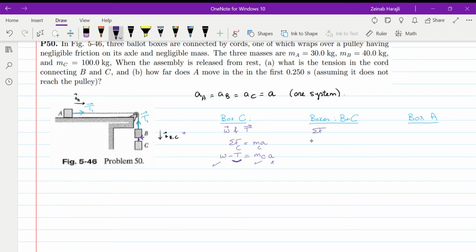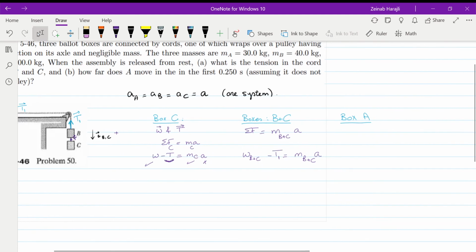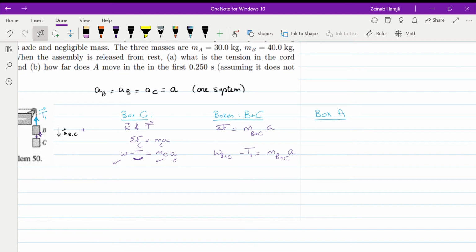The sum of forces is equal to m(B+C) times a. Here we have to consider both masses, and the sum of forces will include the weight of B plus C together minus the tension T1, and this is equal to the sum of the masses times the acceleration of our system.